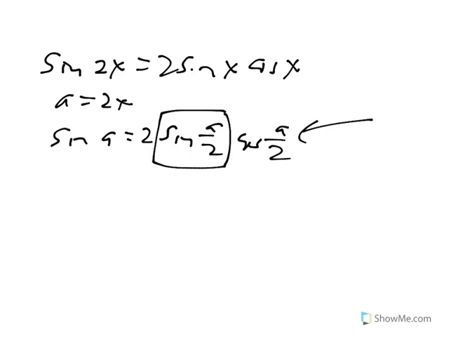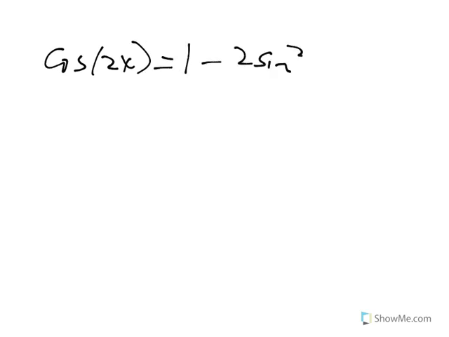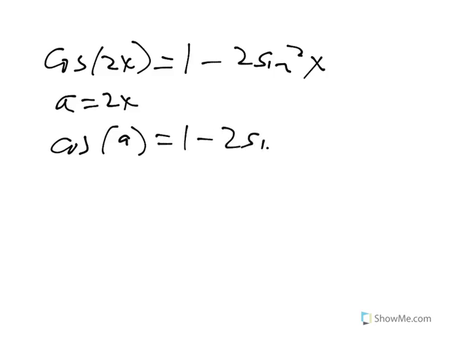So the trick actually is, the way you get the sine half angle formula is to start with the version of the cosine 2x formula that involves sine x. Remember, there's 3 versions of the cosine 2x formula. So if I make 2x equal to a, this becomes cosine a equals 1 minus 2 sine squared. If a is 2x, then x is a over 2. And now you can continue this by subtracting 1 from both sides.